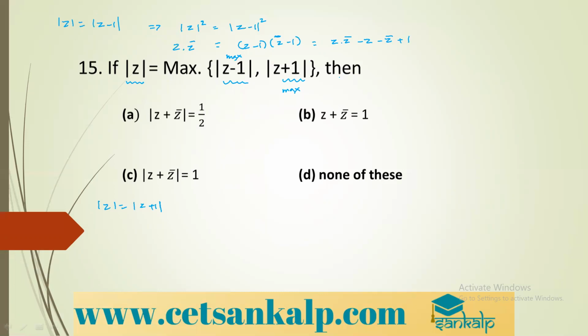After multiplying, I will get this. Isn't it? Okay, so now how can I write this? Because modulus of Z and modulus of Z bar are the same, whether it is modulus of Z or modulus of Z bar, it is one and the same.